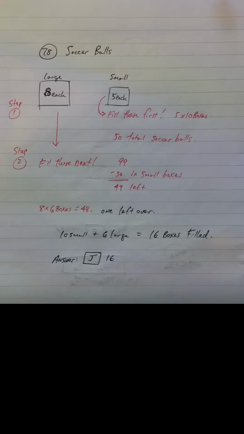From the 99, you now have 49 soccer balls left to put into boxes. 8 times 6 boxes equals 48 soccer balls. You will have 1 left over. But the question was, how many boxes can you completely fill? The number of completely filled boxes will be 10 small boxes and 6 large boxes. So 16 boxes will be completely filled. The correct answer is J, 16.